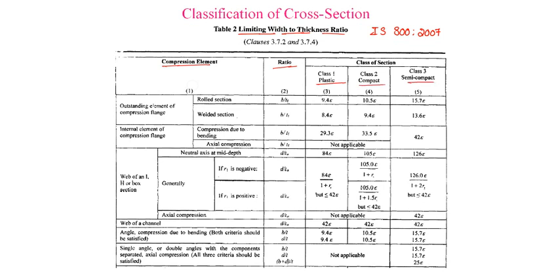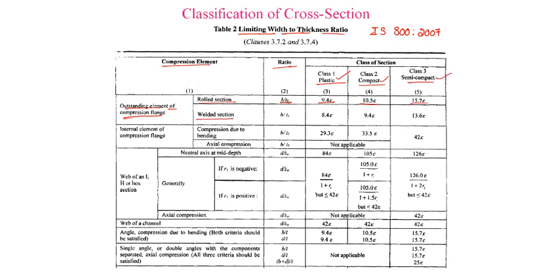Classification of sections is done for outstanding element of compression flange. For rolled section, for b by tf, where tf is the thickness of the flange, less than or equal to 9.4 epsilon, the section is plastic. Between 9.4 and 10.5 epsilon it is compact. Between 10.5 and 15.7 epsilon it is semi-compact.